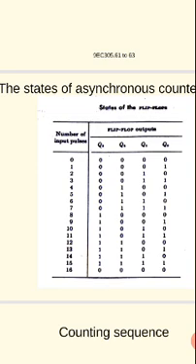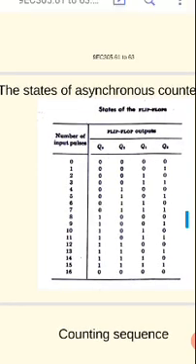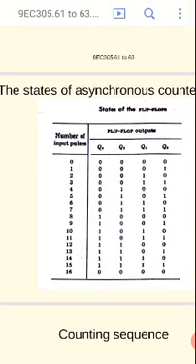For 8th clock pulse, it shows 1 0 0 0. For 9th clock pulse, it shows 1 0 0 1. For 10th clock pulse, it shows 1 0 1 0. For 11th clock pulse, 1 0 1 1.